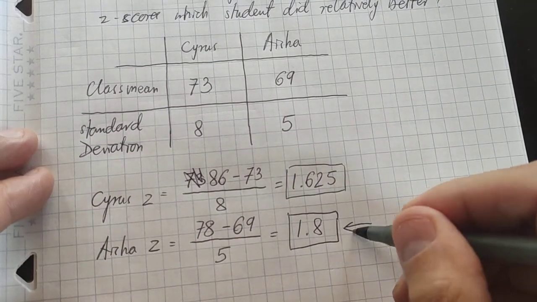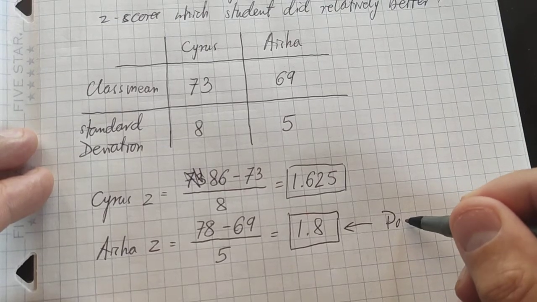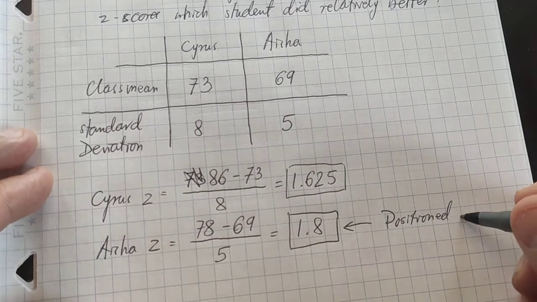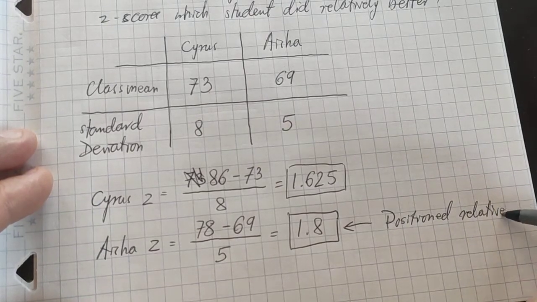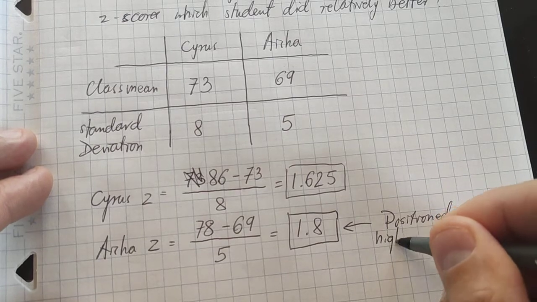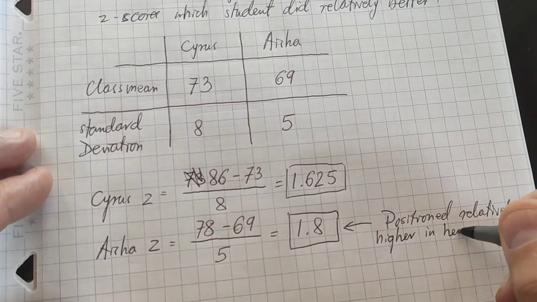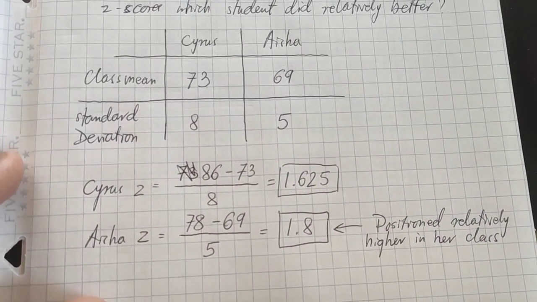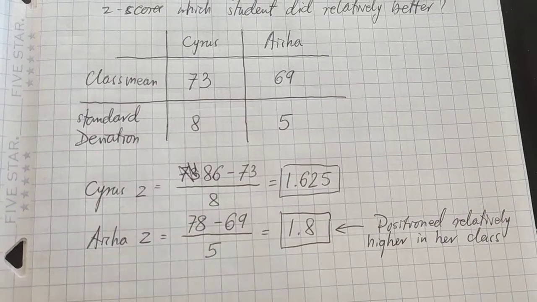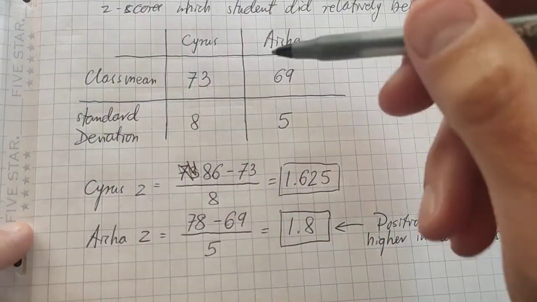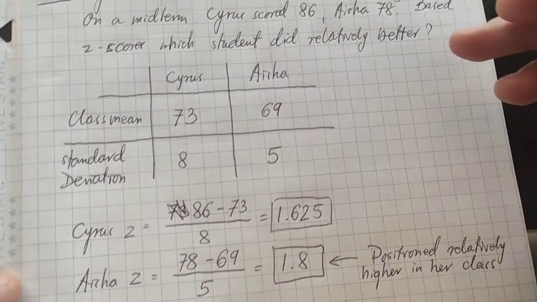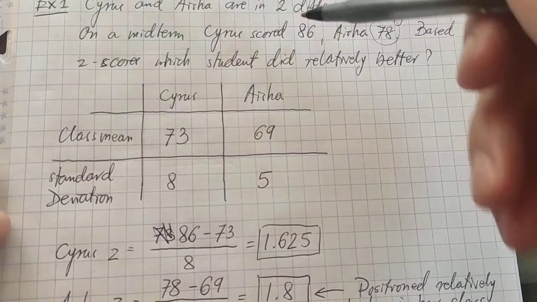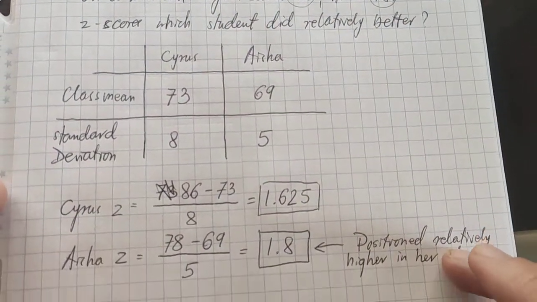Let's write it here: positioned relatively higher. You know, teachers curve the grade, so maybe Aisha's score of 78 was even an A, and this could have been a B. Anyway.